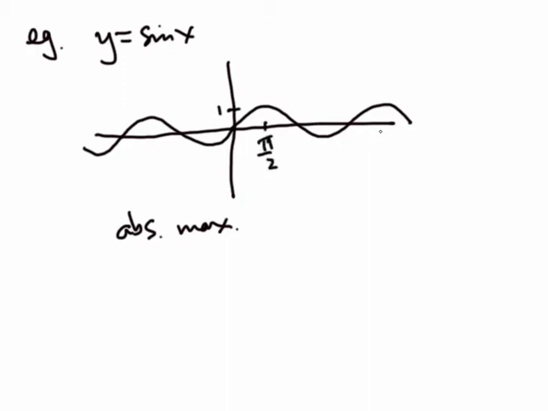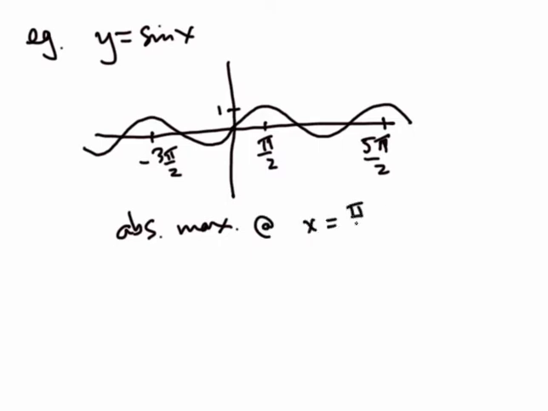So it achieves that at pi over 2, here's pi, 2 pi, this place is actually 5 pi over 2. Another place it achieves it is negative 3 pi over 2. So it has absolute maxes at an infinite number of places actually.